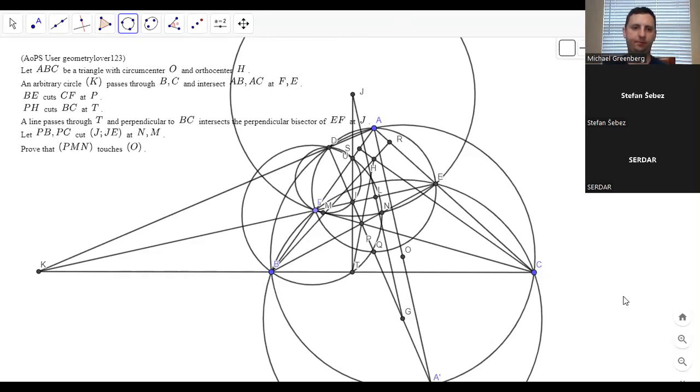We know that DUIF is cyclic, and we know that the spiral similarity at D sends FI to BT, and that proves the cyclic.